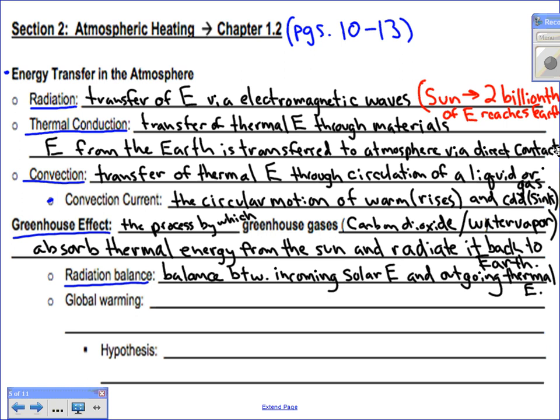Now we take a look at global warming. Some of you have probably heard this before. Global warming, there's many hypotheses about global warming, but it does occur.